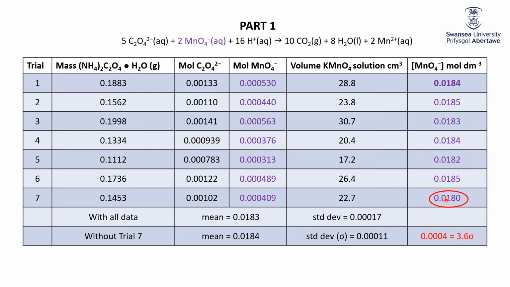So anyway, this piece of datum here, 0.0180, is 0.0004 away from the mean value, and 0.0004 is 3.6 times 0.0001. So in other words, this deviates from the mean by more than 3 times the standard deviation, so therefore I would leave that out.